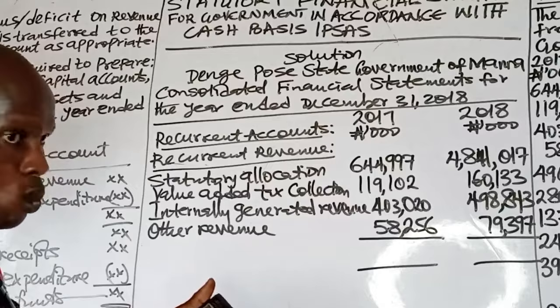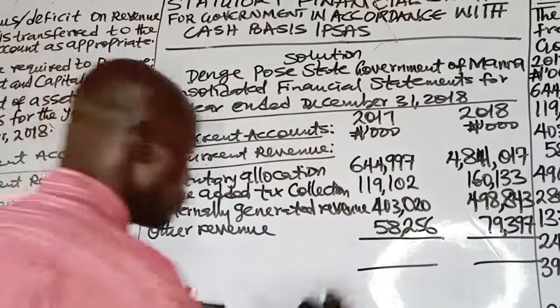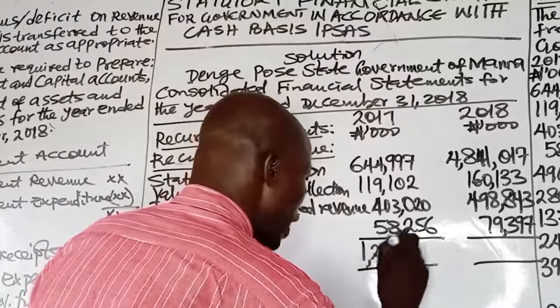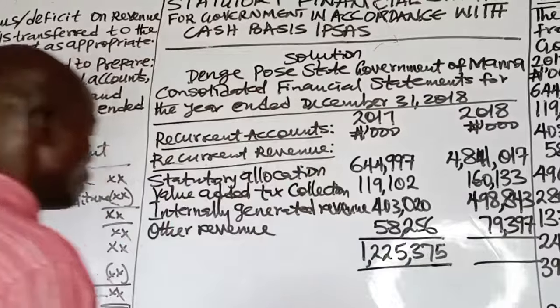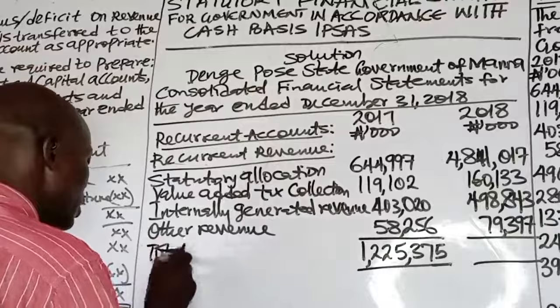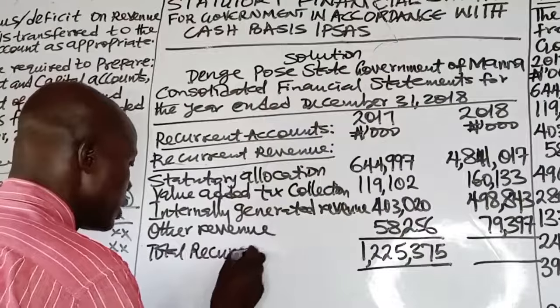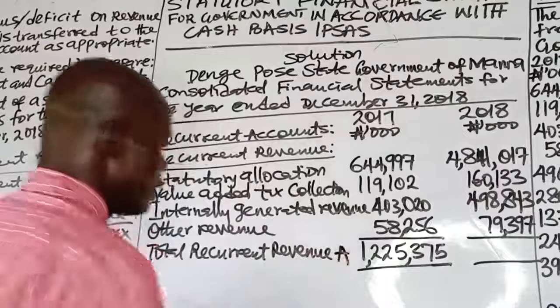So you have 1,225,375. This is the total recurrent revenue. Let's have that as A.